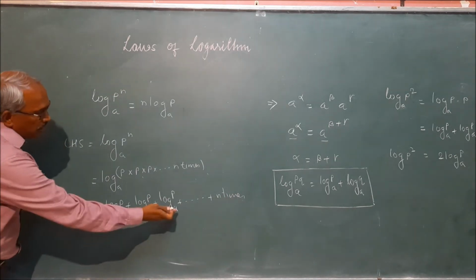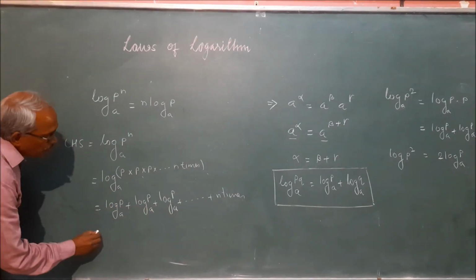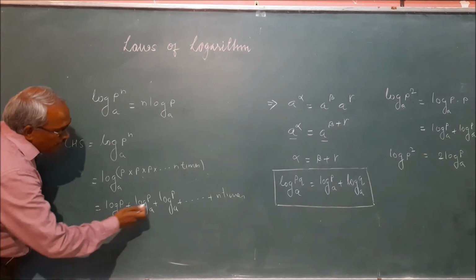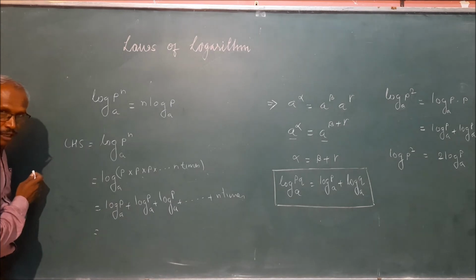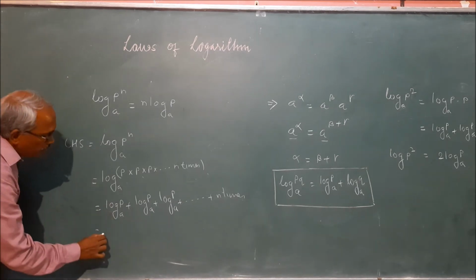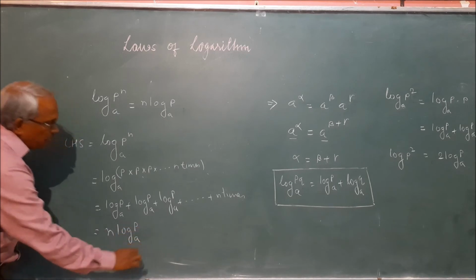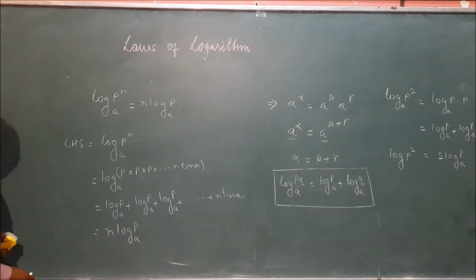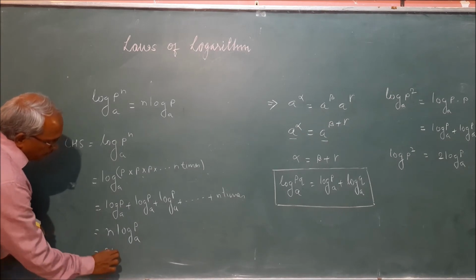So these are similar terms, same terms. There are n same terms, so the addition will be n times log of P to the base A. Therefore this is equal to the right hand side.